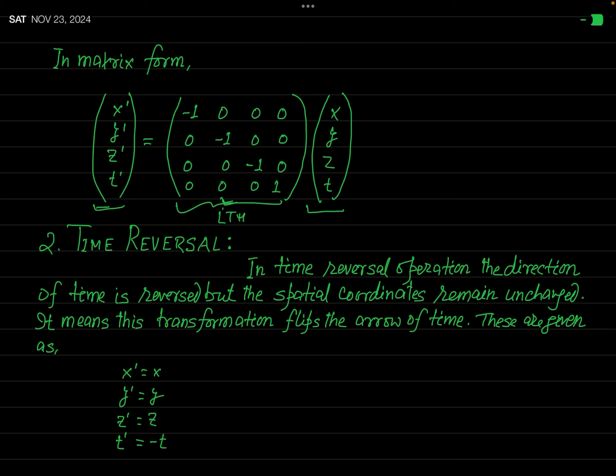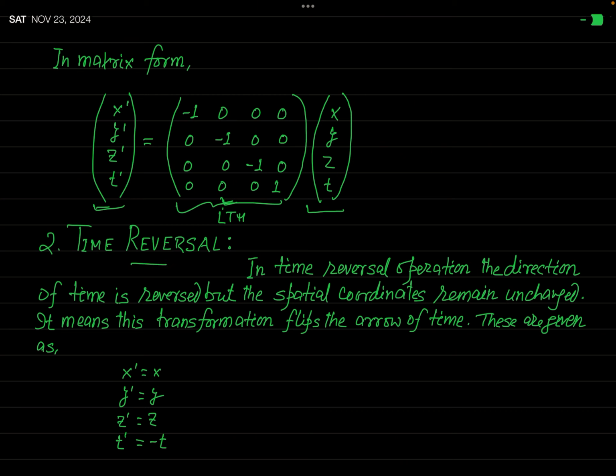That will be not +1 but -1, and so it is an example of an improper Lorentz transformation. Now, another very important example of improper Lorentz transformation is time reversal.